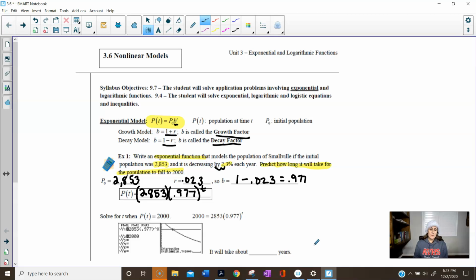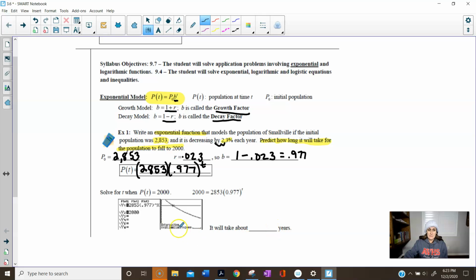So we want to figure out what t is. So what you can do is you can take your graphing calculator and go to y1 and plug in this equation. In place of t, put in x, and then plug in under y2 2,000, and then look for the intersection, and the intersection is going to be your solution.